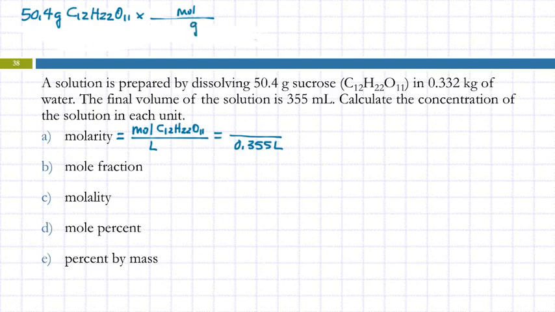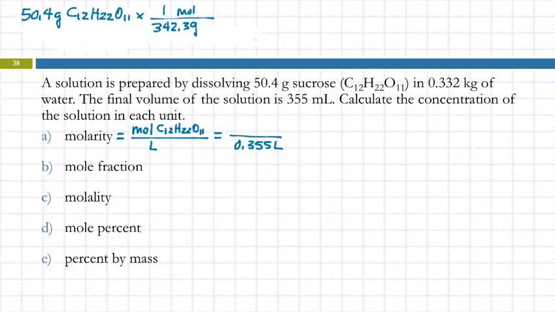So the molar mass will be 12 times 12.01, that's the mass of 1 mole of carbon, plus 22 times the mass of hydrogen, 1.008, plus 11 times the mass of oxygen, which is 16, and I get 342.3. 342.3 grams per 1 mole of sucrose.